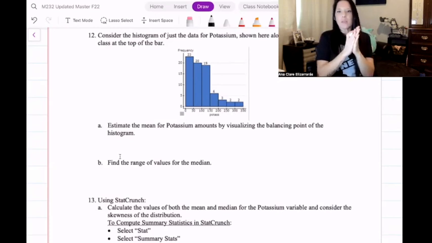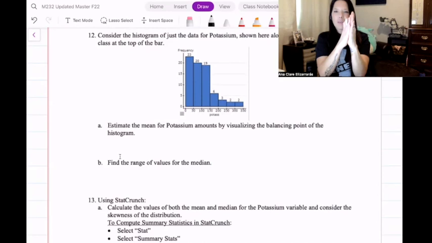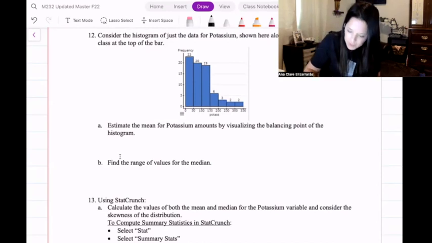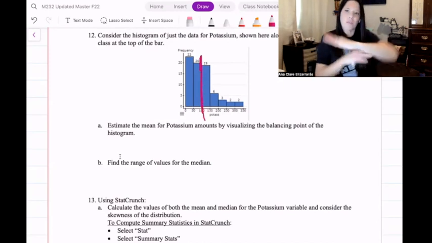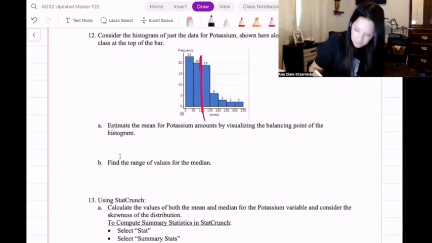So the median is going to be closer to where the actual grouping of data is, and the mean is going to be a little bit to the right. I would say that the mean is probably right in here. Where would you put that fulcrum to balance? So I would say that it's probably around 100.